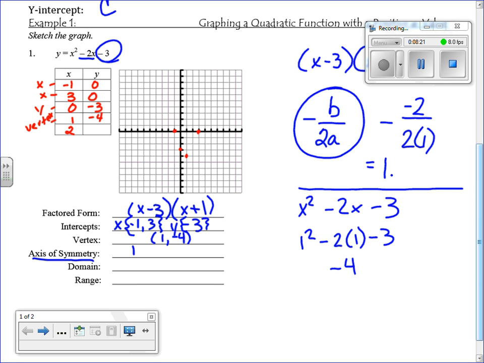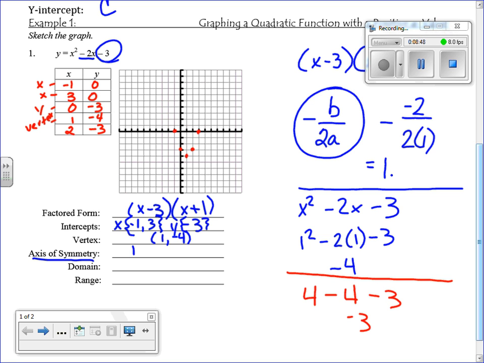So what I can do is substitute 2 into the equation. 2 squared is 4, minus 2 times 2, which is 4, minus 3. 4 minus 4 is 0, minus 3 is negative 3. So my final point is going to be 2, negative 3, and over 2 down 1, 2, 3.